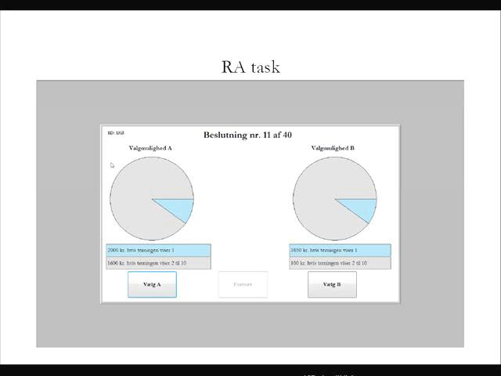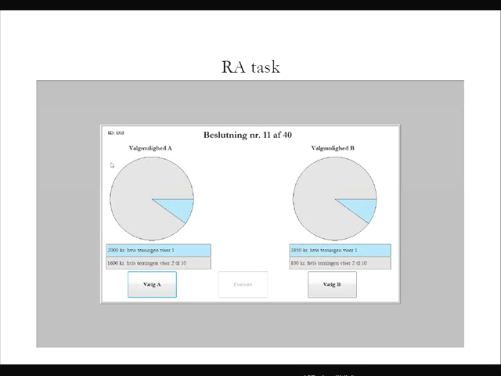And this box here says that you will receive 2,000 kroner if the die shows 1, and 1,600 if the die shows 2 to 10. So there's a 10% chance of receiving 2,000 and a 90% chance of receiving the lower amount of 1,600.